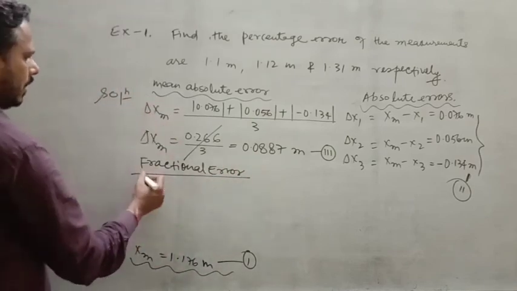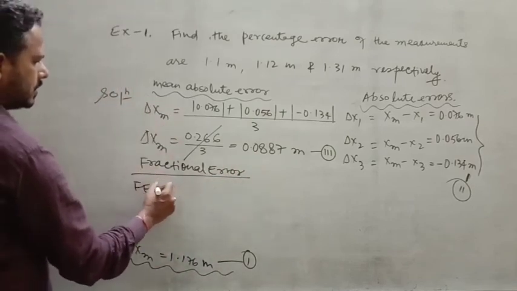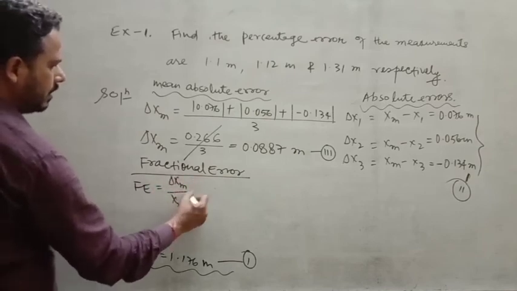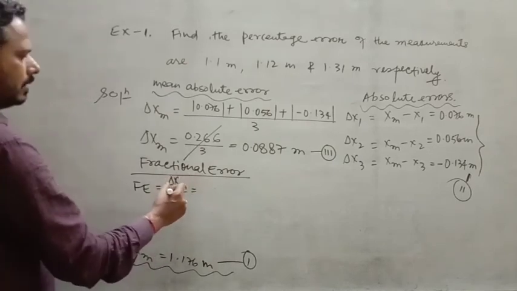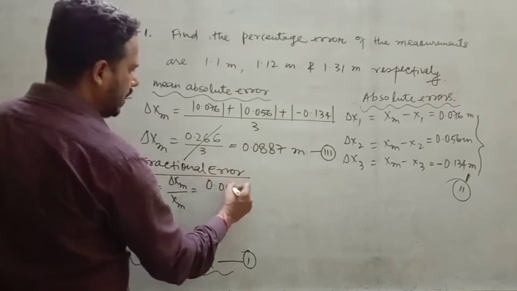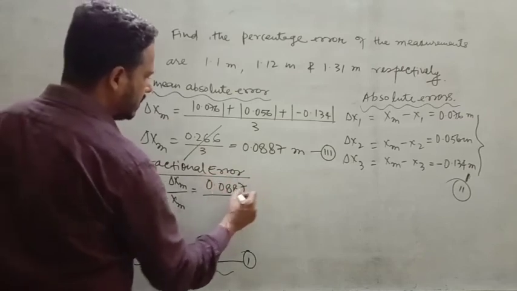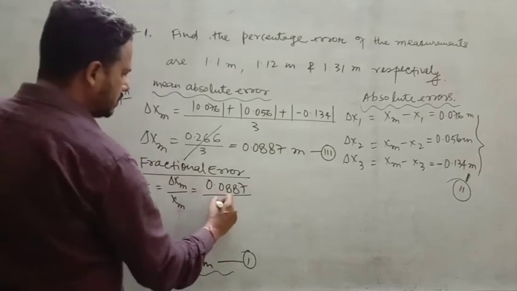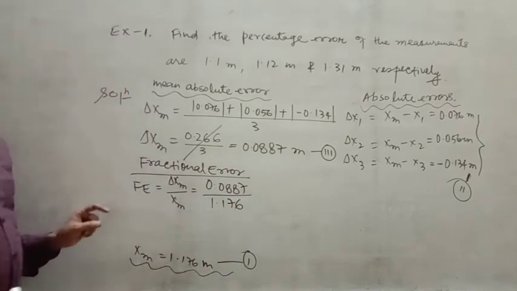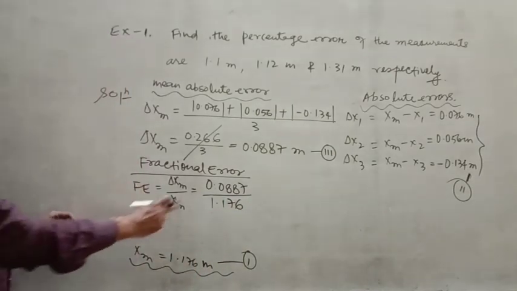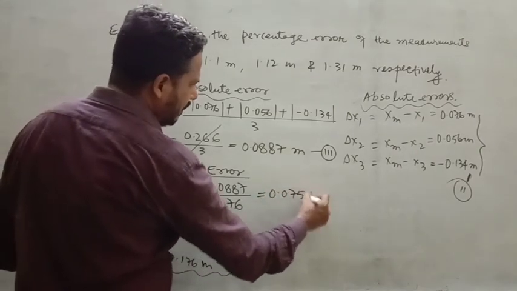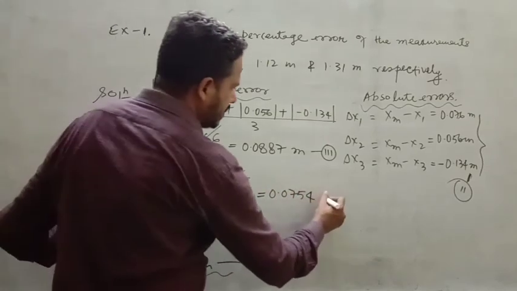The fractional error is the ratio of the mean absolute error, del x mean, divided by the mean value, x mean. For del x mean from equation 3 we have 0.0887, divided by the mean value, 1.176. That would be 0.0754, and this is your next equation, equation 4.